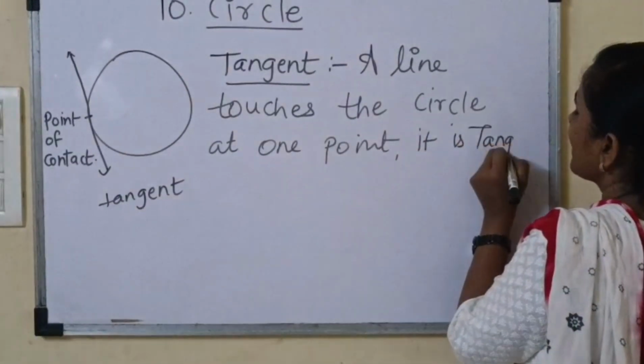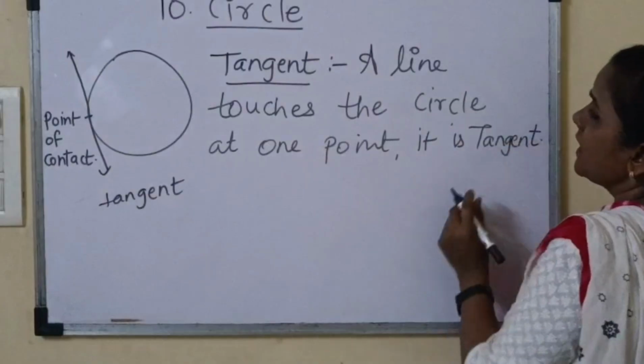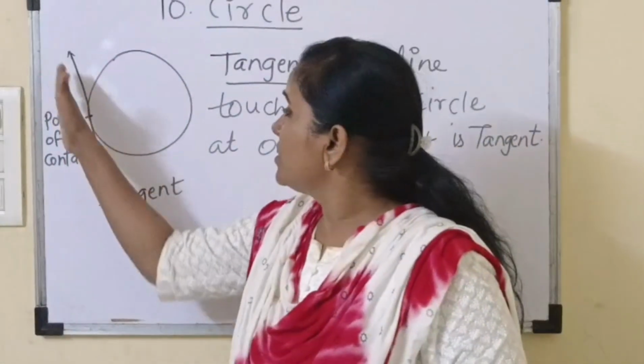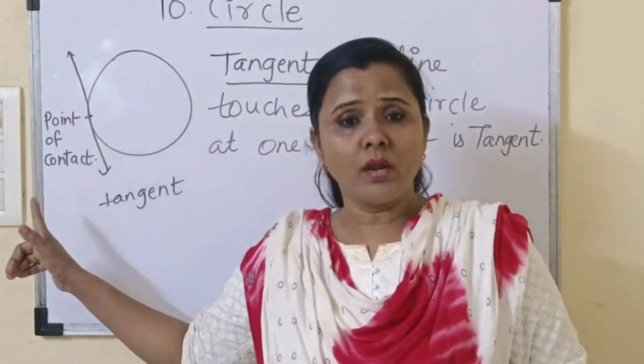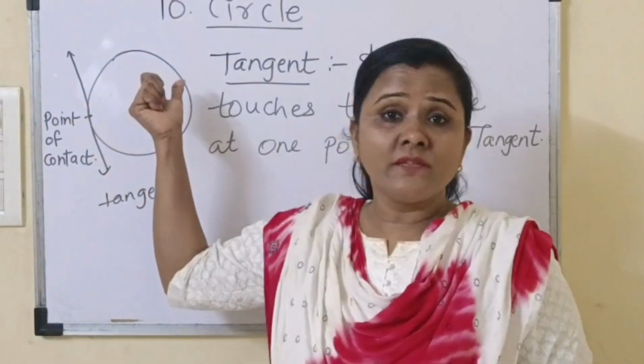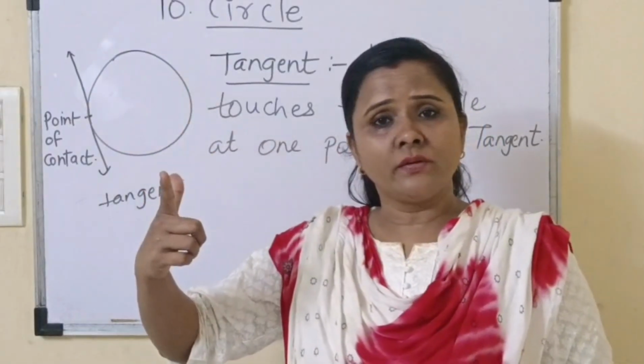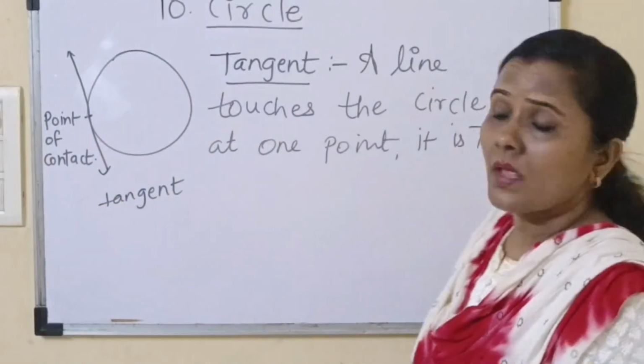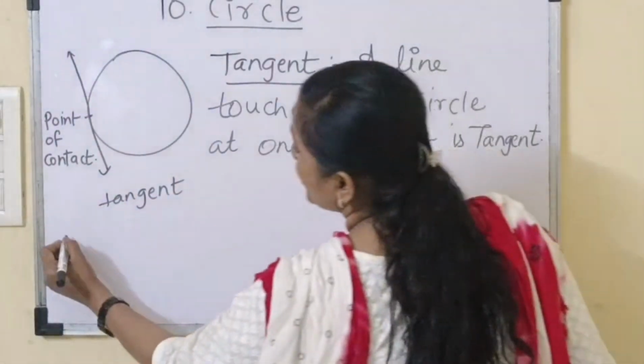Okay, very easy, you know. If a line touches the circle at any one point, that is known as a tangent. This definition will give you 1 mark. It is easy, no? Now the next definition is the point of contact.